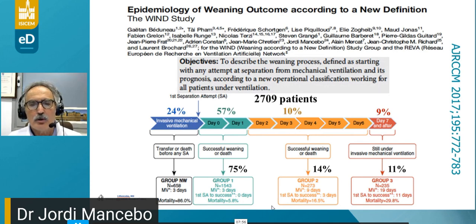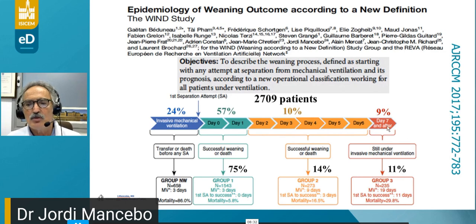There were other groups, however, with difficult weaning, this 14% between 2 days and 7 days, and other patients with prolonged weaning, more than 7 days. And in the patients with difficult weaning, as you can see here, the average duration of mechanical ventilation was about 9 days, with significantly higher mortality as compared to the simple weaning, about 15%.